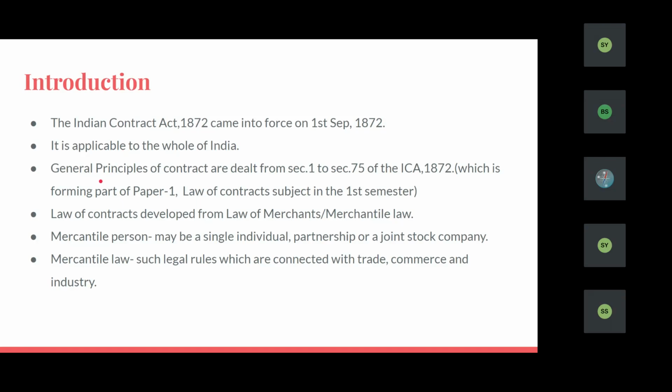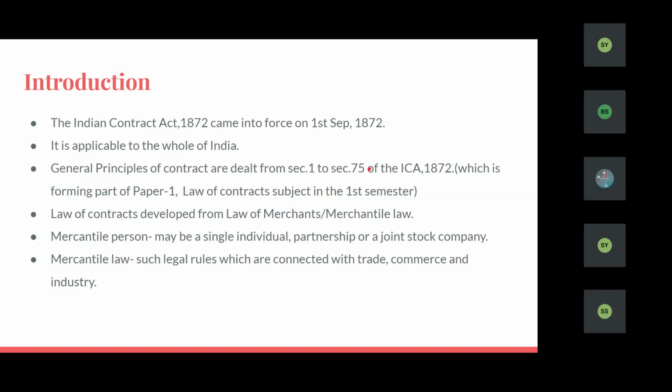Now, in the beginning I have told you that there are five units totally, of which only four deal with law of contracts. Sections 1 to 75 are called the general principles of contract, which we see in those first four units, forming part of your paper 1, law of contract, in the first semester.